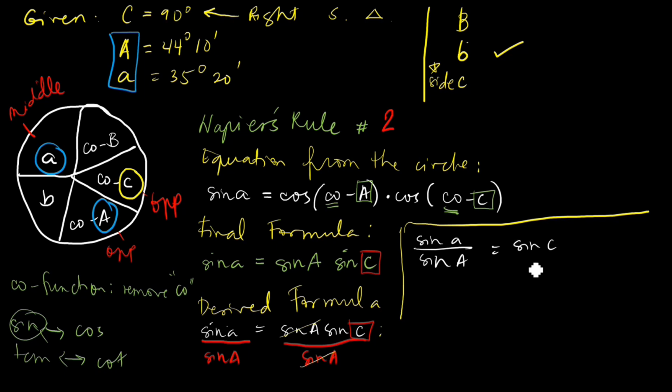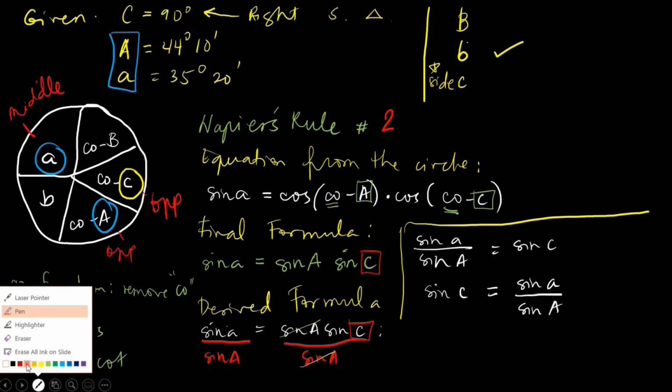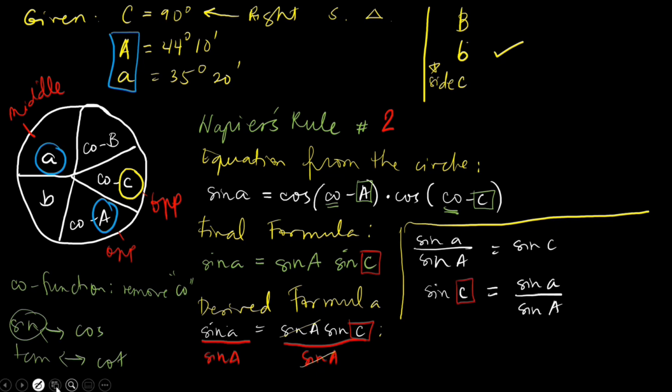This one, we can also write this way: you just write the right side on the left. So we have sine of side C equals sine of side A over sine of angle A. Again, what we need is side C, so we can move sine to the other side by using inverse.